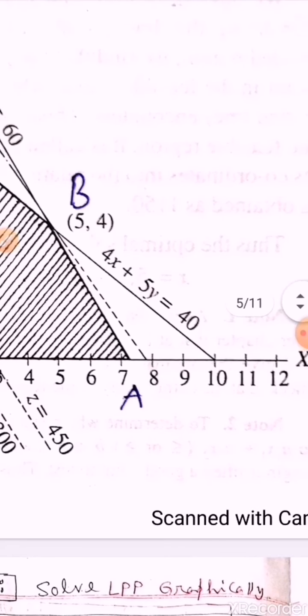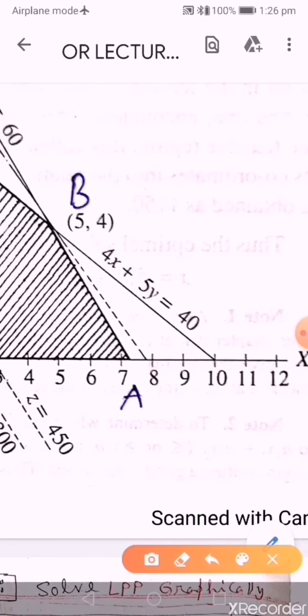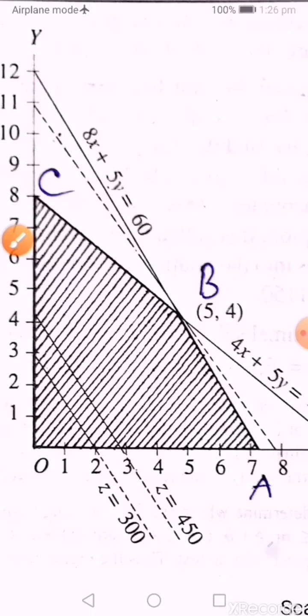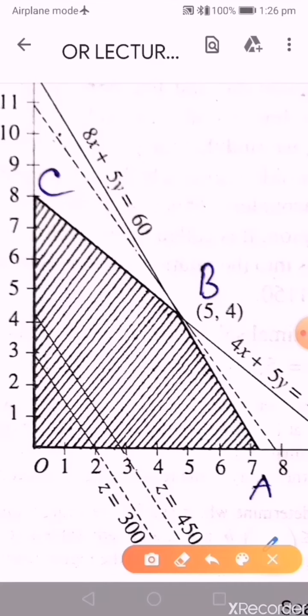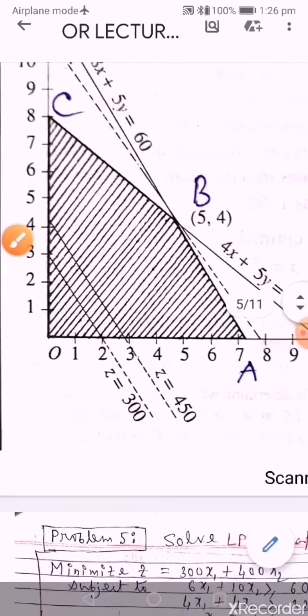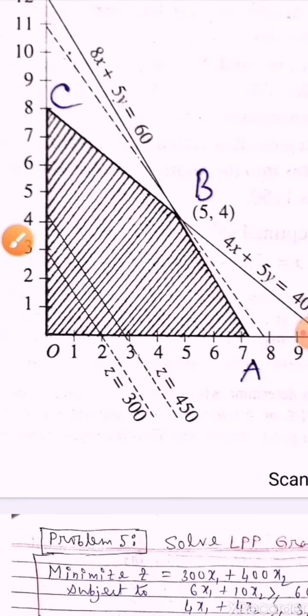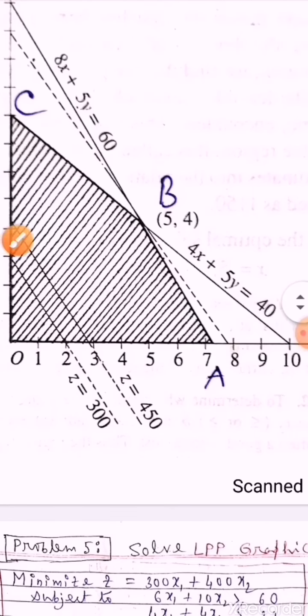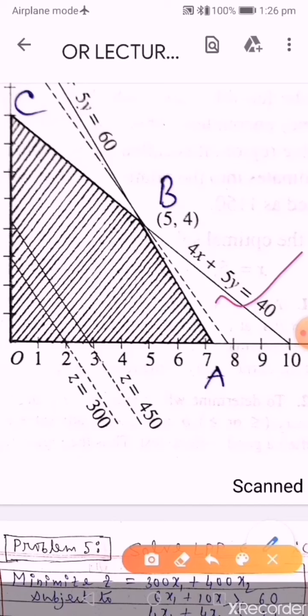So you see it passes through 10, 0. This is the point 10, 0. And here 0, 8. So altogether we have two lines, 4x plus 5y is equal to 40, this one, and this is 8x plus 5y is equal to 60.